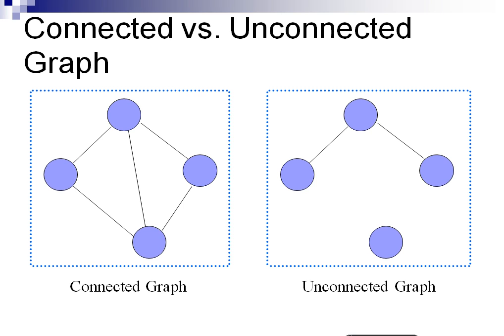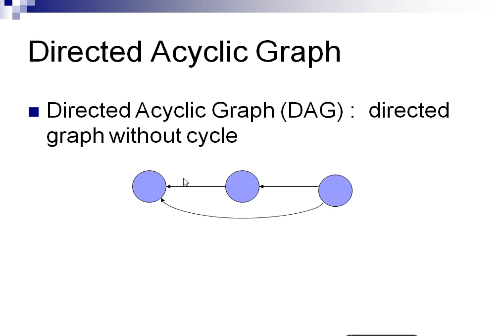Now, another type of graph is connected and unconnected graph. So here we have the figure on the slide. You can see, in case of a connected graph, all of the nodes are connected via an edge. So this is a connected graph.